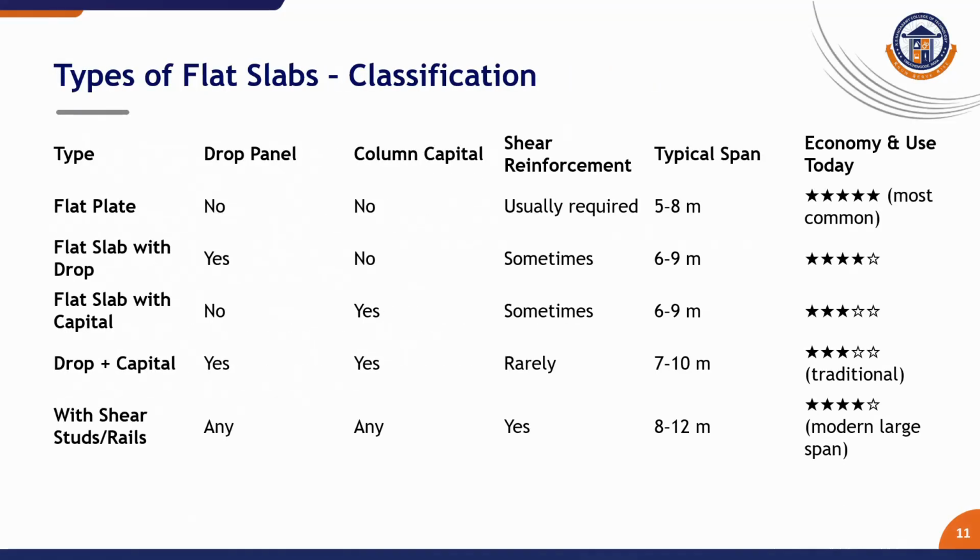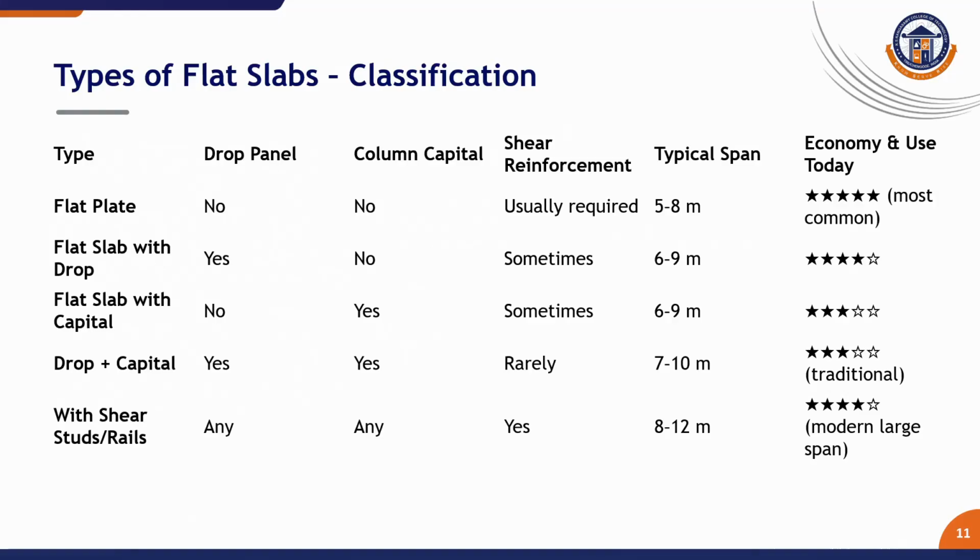These are all the types of flat slab systems. The simplest type is the flat plate, a flat slab with a uniform thickness and no drop panel and no column capitals. Main characteristics: simple geometry, cleanest ceiling, slab thickness constant throughout, load transfer purely by two-way slab action.